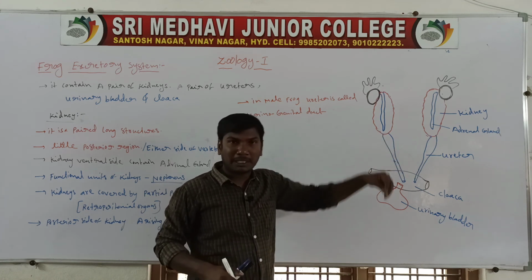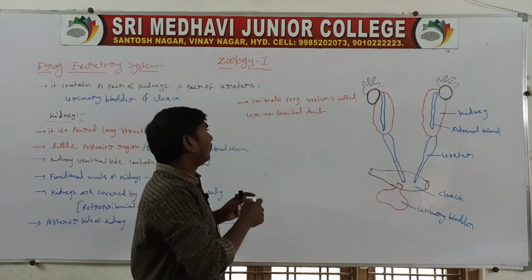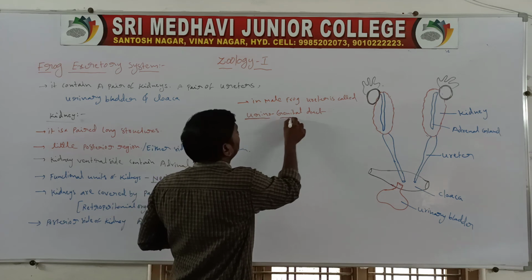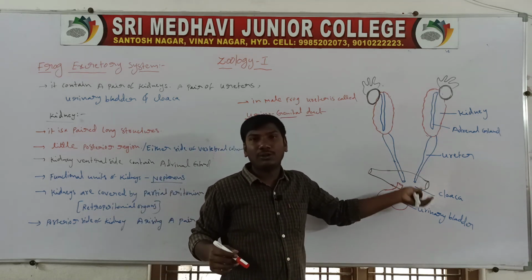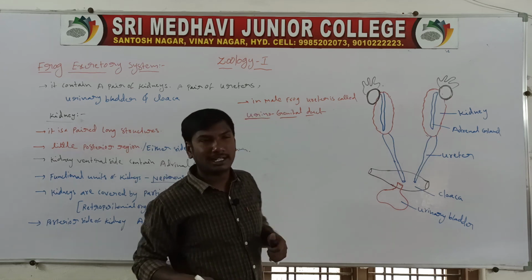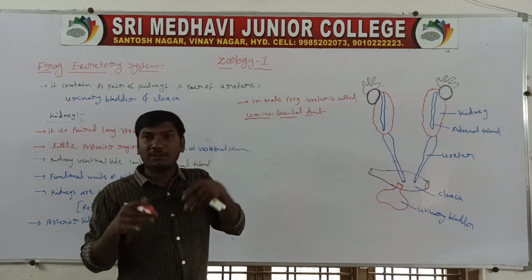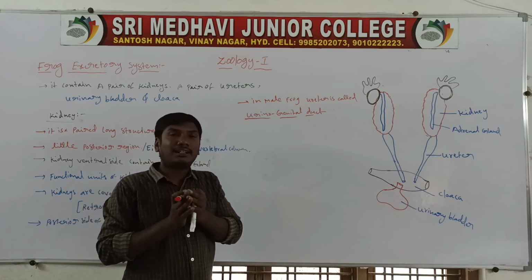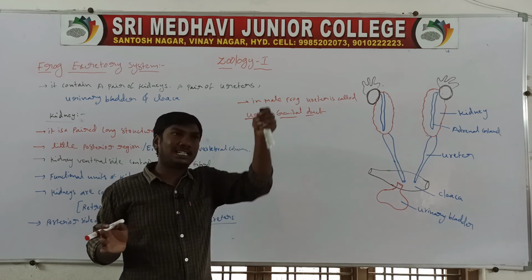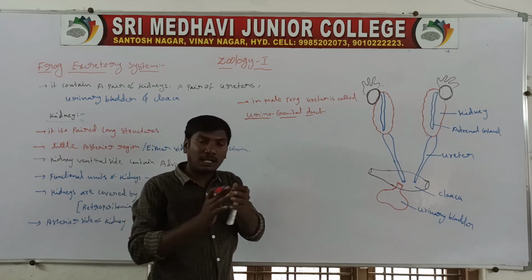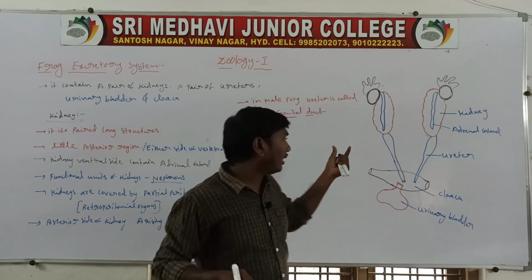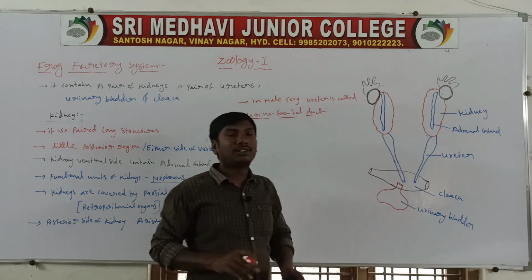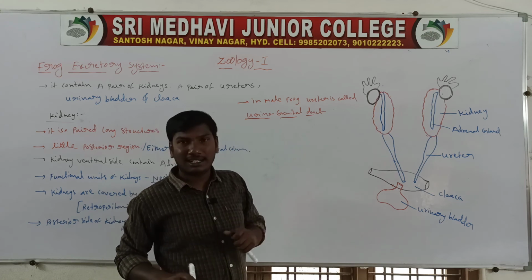In the female frog, the oviduct and the urinary duct are separate, and the ureter carries only urine. In males the ureter has two functions, so it is called the urinogenital duct.